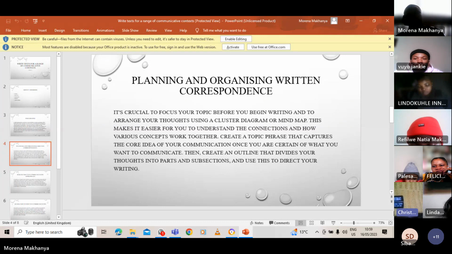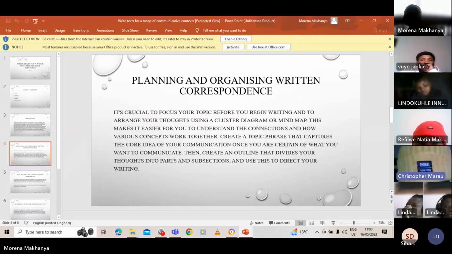Create a topic phrase, a phrase that captures the core idea of your communication. Once you are certain of what you want to communicate, then create an outline that divides your thoughts into parts and subsections and use this to direct your writing.